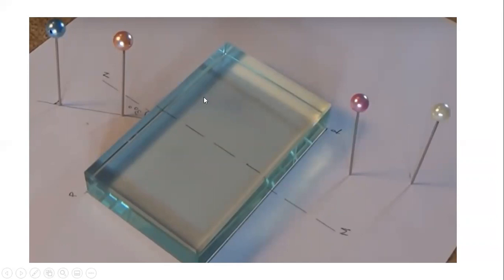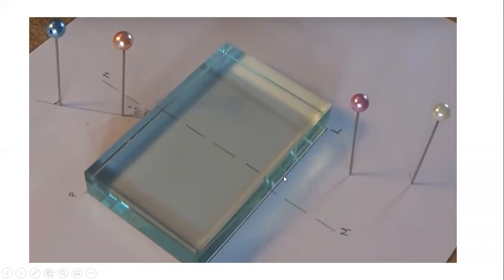Okay, after removing the glass slab, you can join these 2 points to this line, and join the points where this line meets the front line of the glass slab, and join the rays from here.